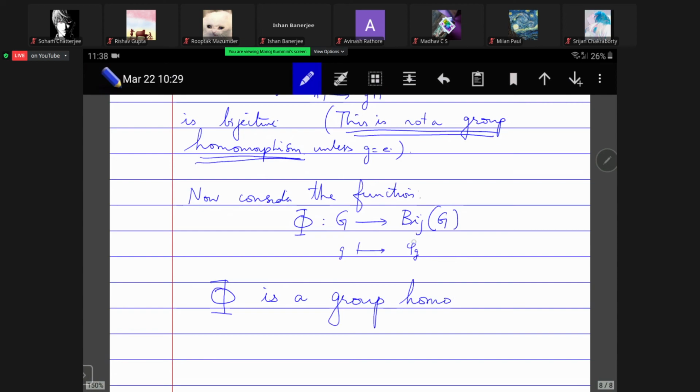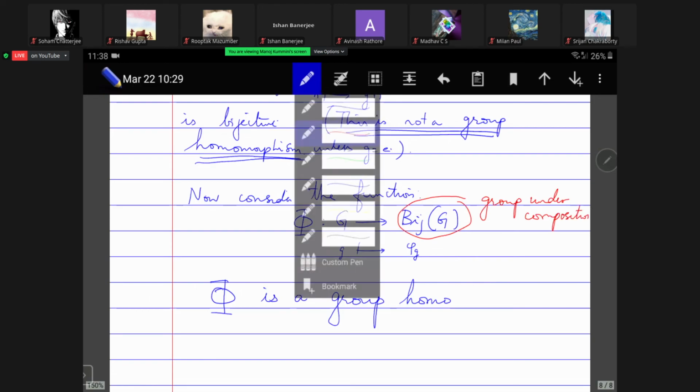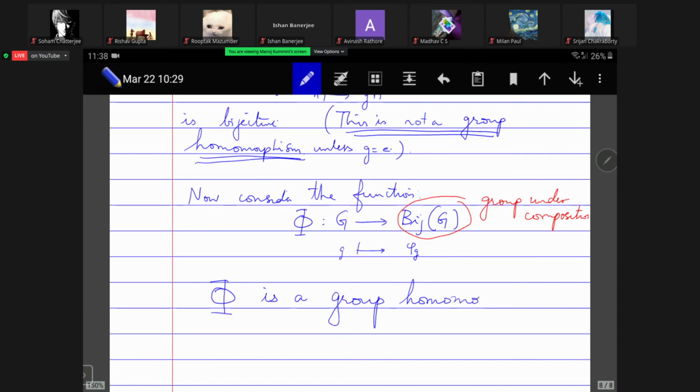We have already observed that given any set, the set of bijective functions from that set to itself is a group under composition. And this is a group with a given structure.